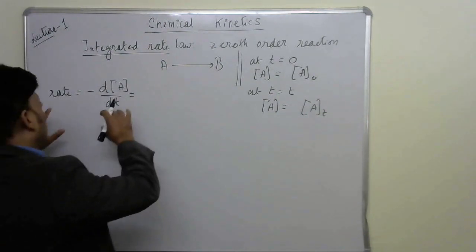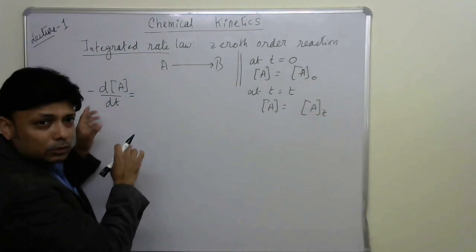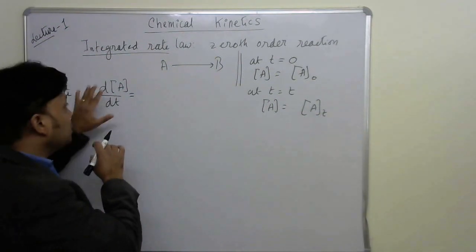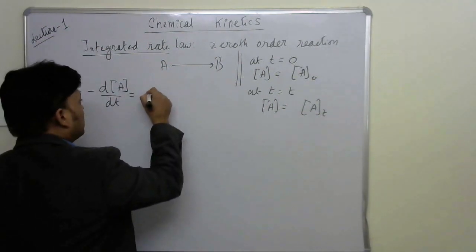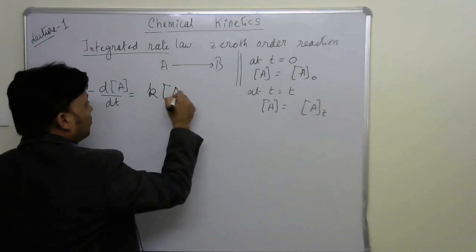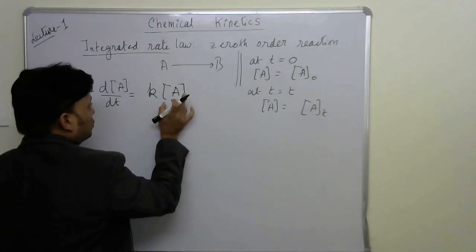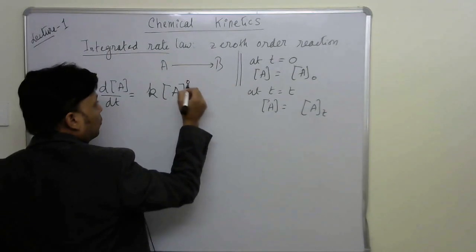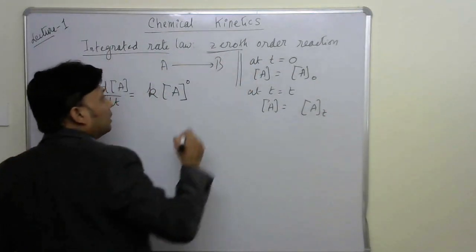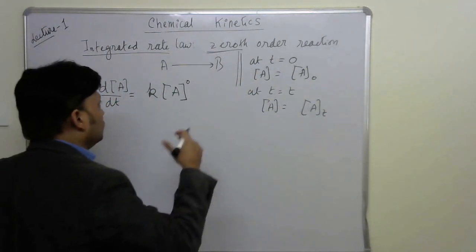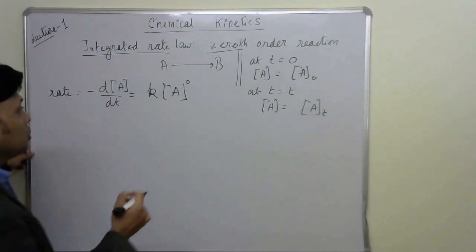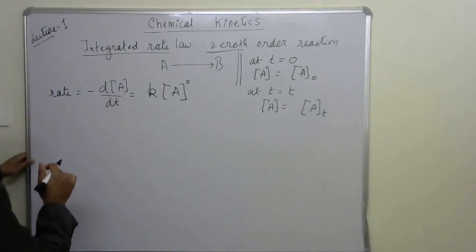The differential equation that we are going to write first is very simple. Rate is equal to minus dA/dt, that is the rate of disappearance of the reactant, is equal to the rate constant multiplied by the concentration of A to the power of 0. We are writing 0 because we are already dealing with the zeroth order reaction, so we put n equal to the known value 0.